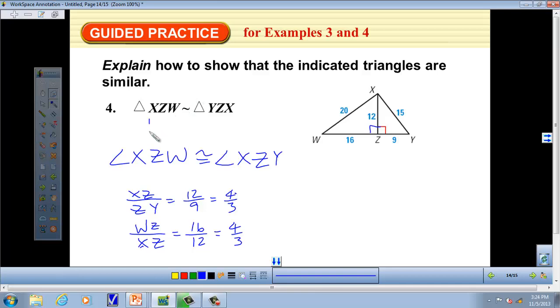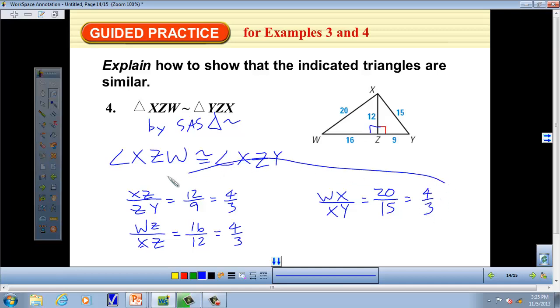We can state that these two triangles are similar now by side angle side triangle similarity. We could have also looked at WX over XY and gotten 20 out of 15. Both of those are divisible by 5, which gives us 4 to 3.